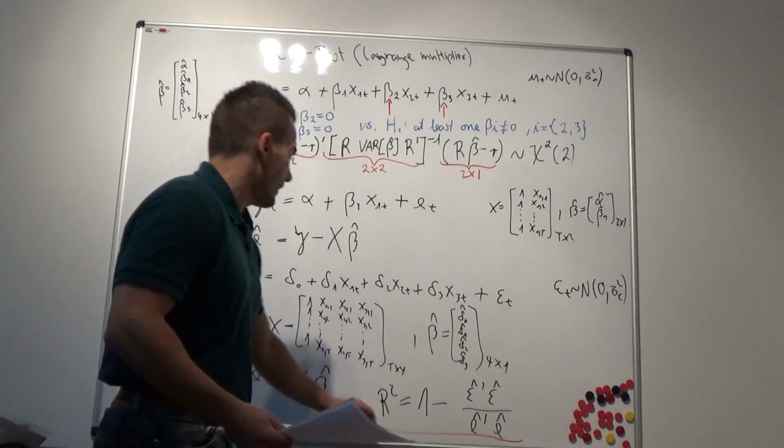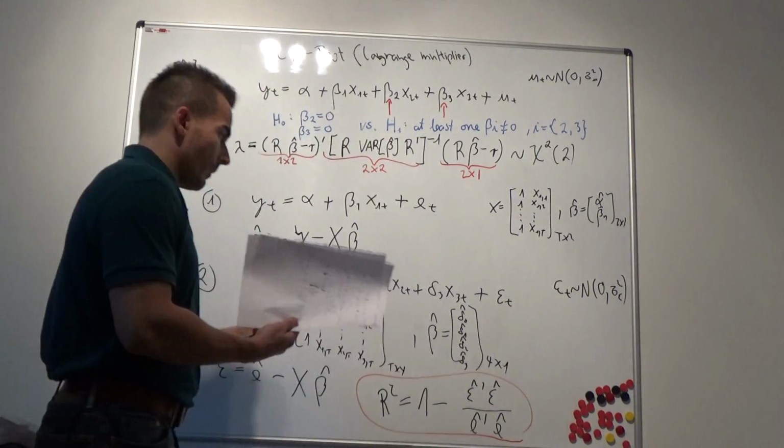That is the R square of the auxiliary regression equation.